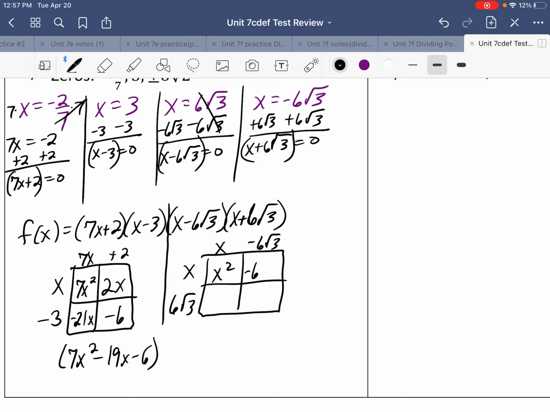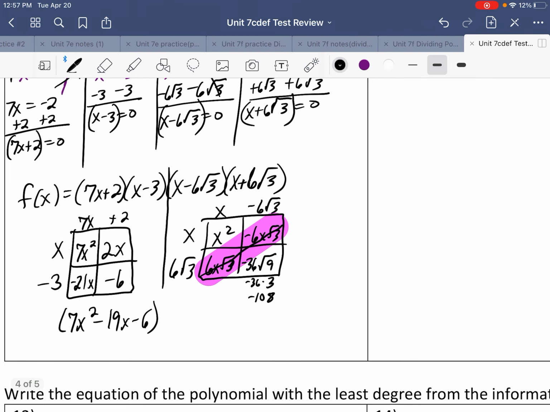x squared, negative 6x square root of 3, positive 6x square root of 3. And multiply the outsides of the radicals, multiply the insides of the radicals. Looking to simplify, we have like terms, but they're opposites, so those actually equal 0. Square root of 9 is 3. 3 times negative 36 is negative 108.